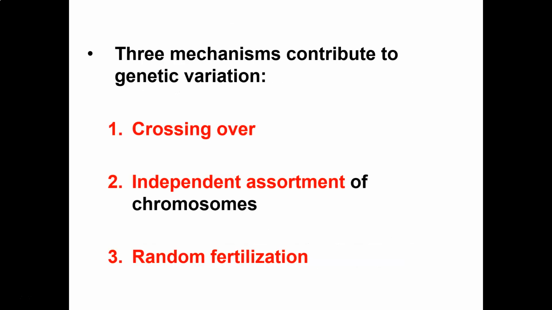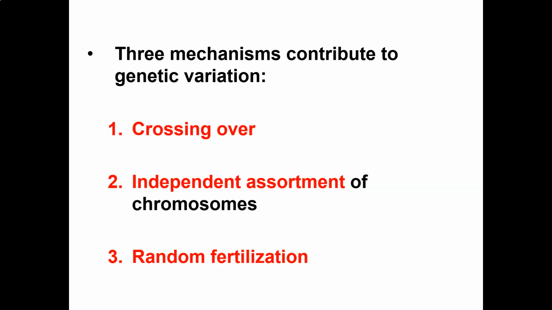So here are the 3. We've talked about the first 2 already, but these are the 3 main mechanisms that contribute to genetic variation during sexual reproduction. So crossing over, swapping of genes between homologous chromosomes, that happens again in prophase 1 of meiosis.